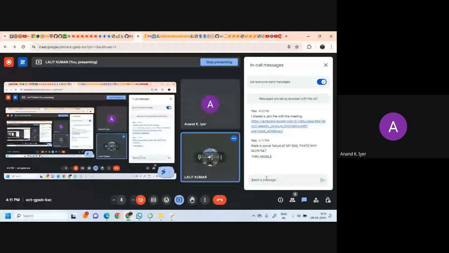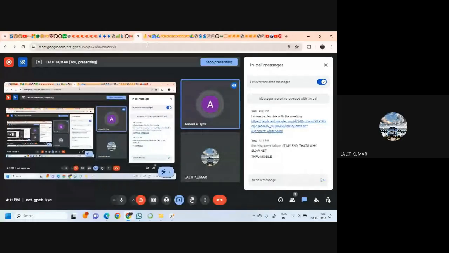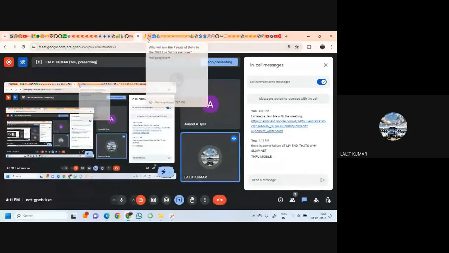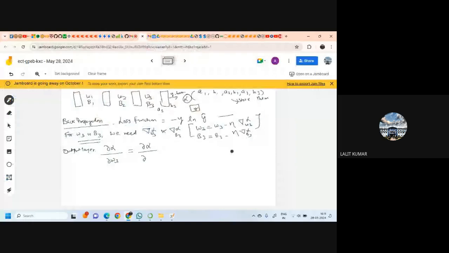Okay, you are doing it through mobile. Yes. So that's why it has become slightly like this. But can you see my screen? Yeah, I can. So, are you writing in the mobile?